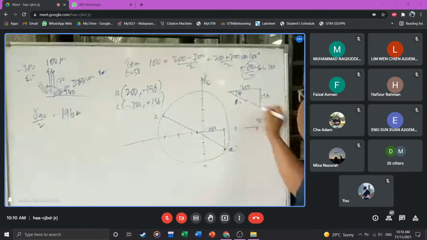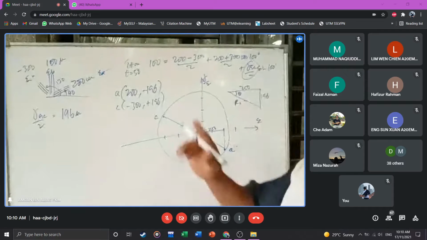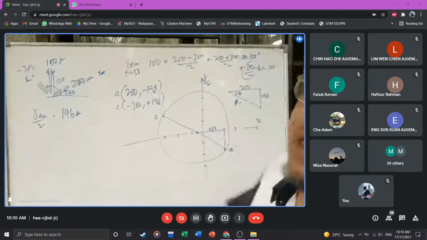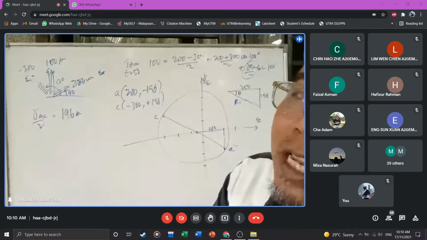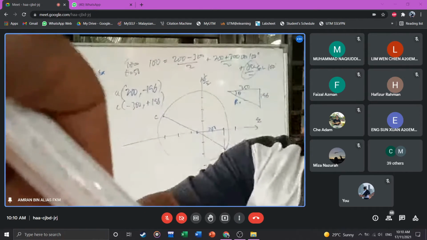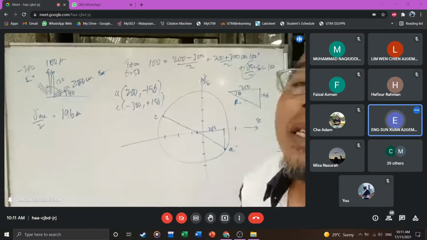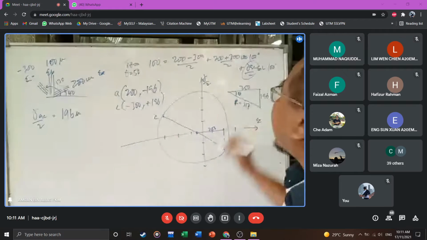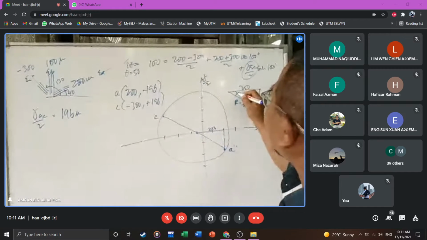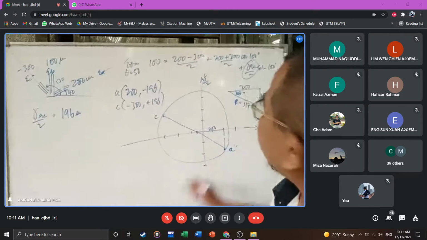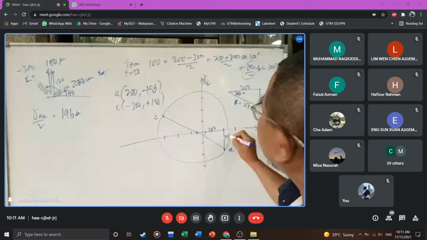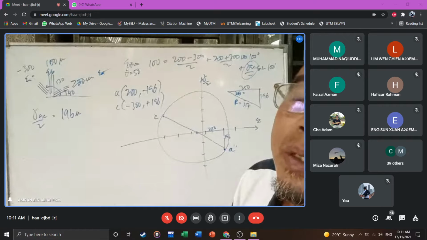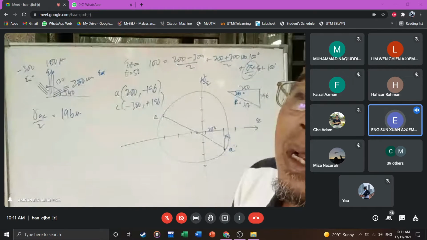What is the radius? What did you get last time? For X, Y, same radius. What's the radius, please? 317.7. And then 2 theta is equal to what? 38.1.